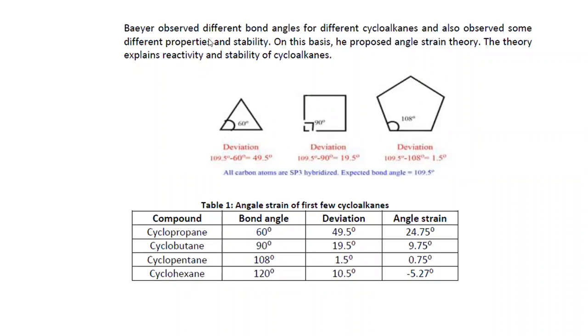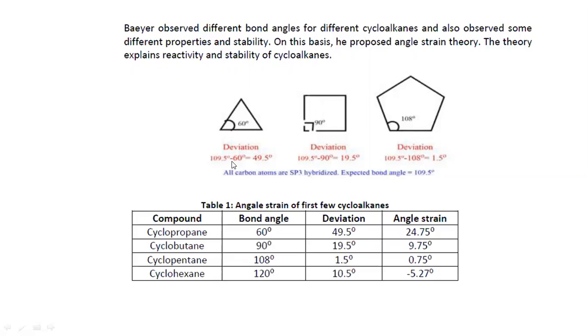Now, how much deviation is there with respect to individual cycloalkanes? We observe different bond angles for different cycloalkanes. We have seen that there is a deviation from the normal tetrahedral bond angle, that is 109.5 degrees, and the bond angle in the case of cyclopropane is 60 degrees. So how much deviation is there?